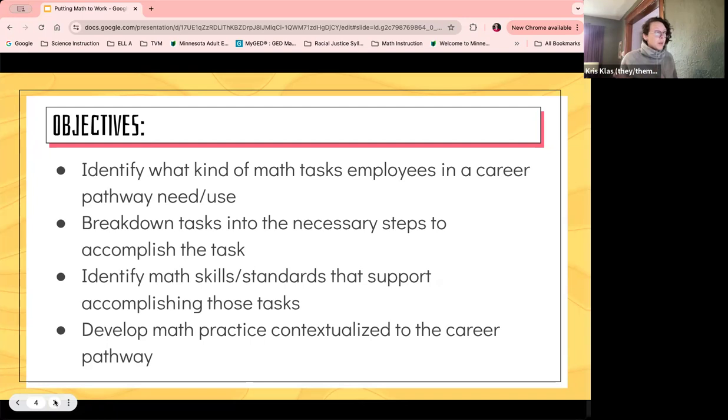And then make sure that the practice we're giving students is contextualized into that career pathway. I think we all know adult learners are really focused on their goals. And so making sure that that math practice doesn't feel like an add-on to the course, but it actually feels really immediate and important and relevant to the job that they're preparing for.